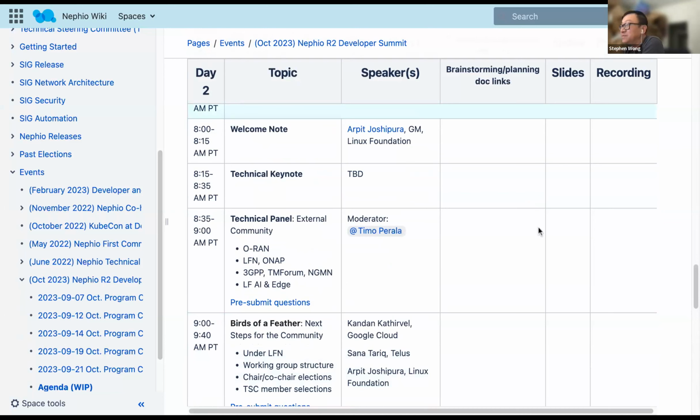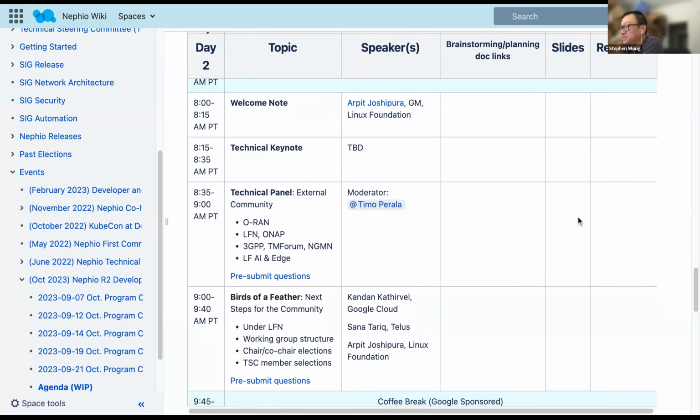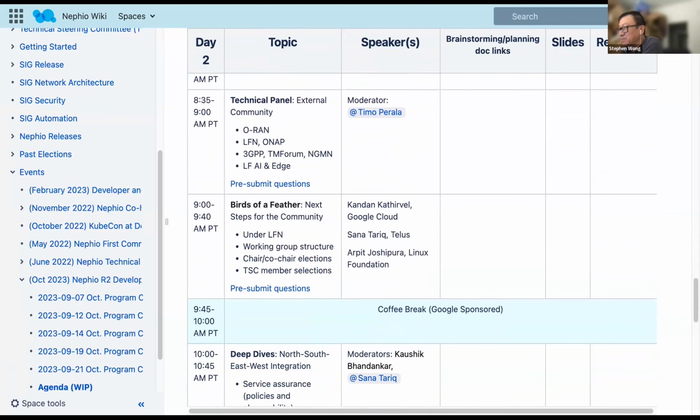So having this summit is more for R3 planning, if it's planning at all. R2 is supposedly underway and we're looking at progress on a weekly basis already by then.